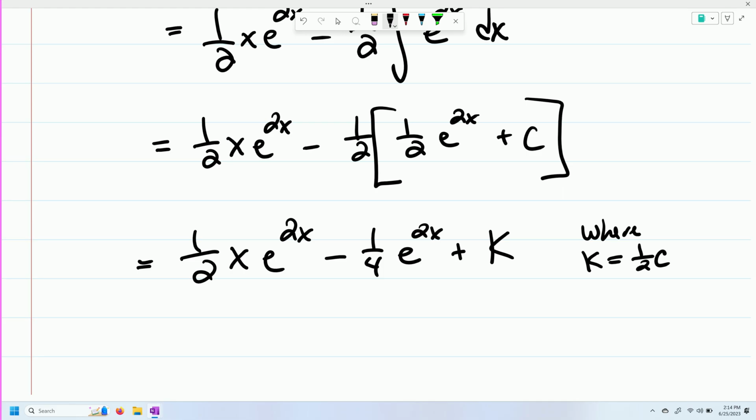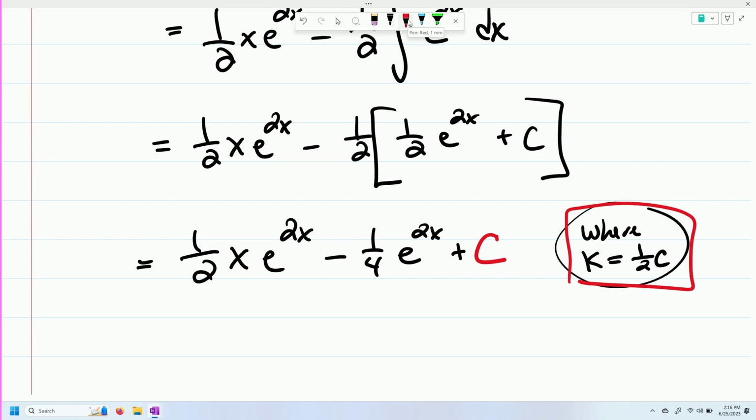To be completely honest, you really don't have to worry about this little part. You could have just rewritten this as c again, because a constant times a constant is another constant. However, in higher math courses like differential equations, sometimes you have to define what that is. Remember, whenever you integrate with an indefinite integral, you get a family of solutions, not one solution.